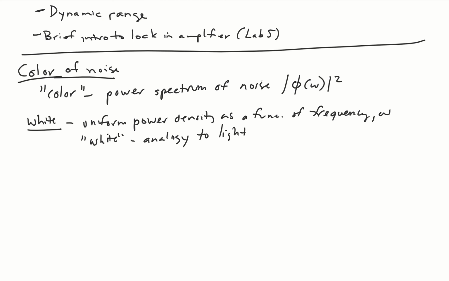So white light has all colors of light, or all frequencies of light, equally represented. So we can say that white light has all frequencies or all wavelengths of light, where our frequency is inversely proportional to that wavelength.